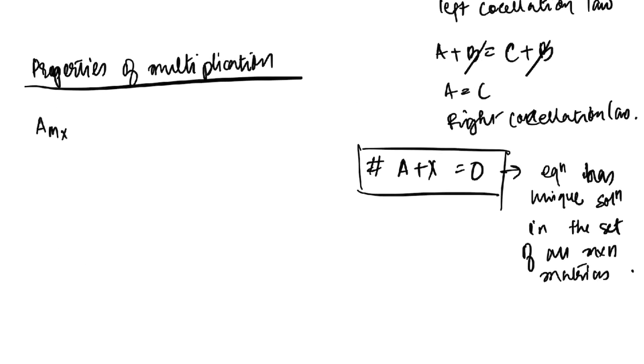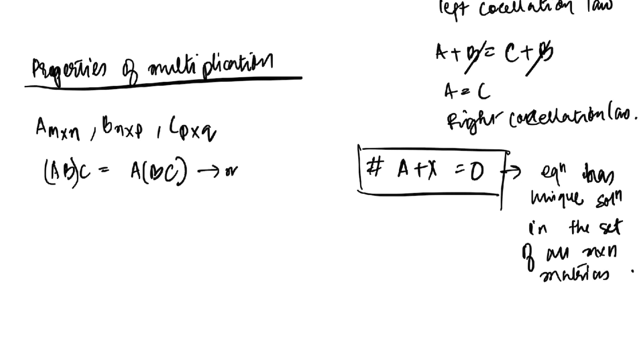So if you have A m cross n, B n cross p, and C say p cross q, so A, B, C, you know, can also be written as this, and all of these are going to have m cross n order, right?